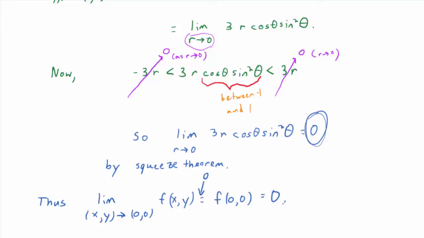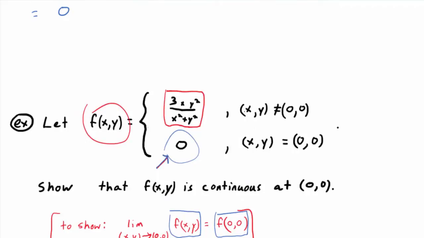So what we've essentially done by creating this piecewise defined function: this rational function right here would have a hole in it at (0, 0). But by making it a piecewise defined function, we say, okay, for this guy there's a hole at (0, 0), but let's fill the hole. Let's fill the hole by saying the function value is 0 at (0, 0).